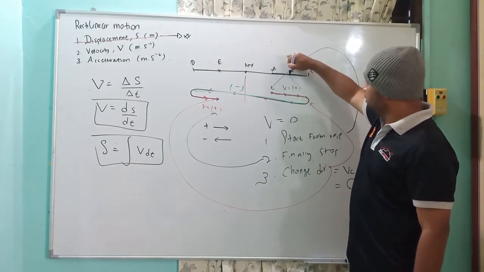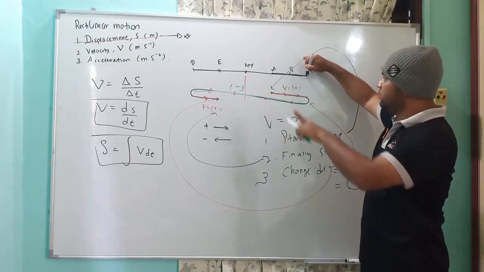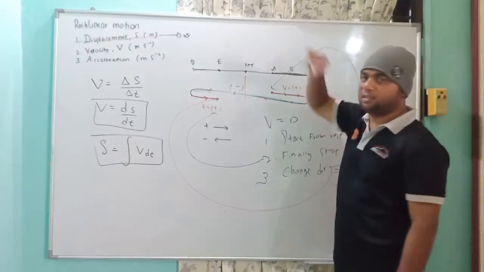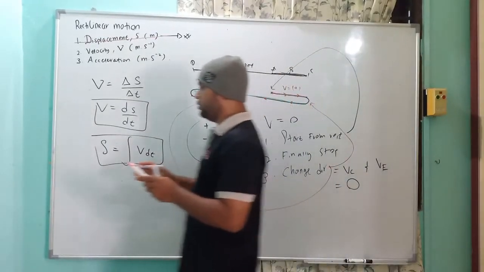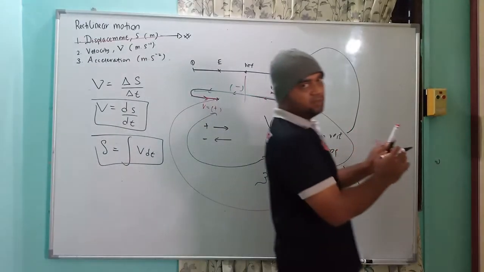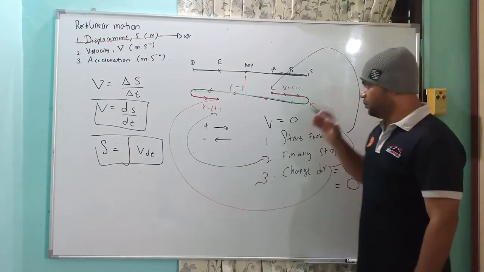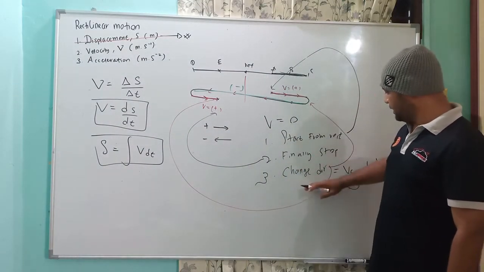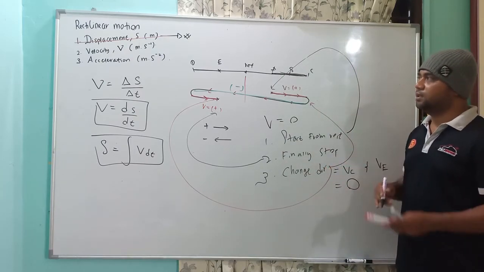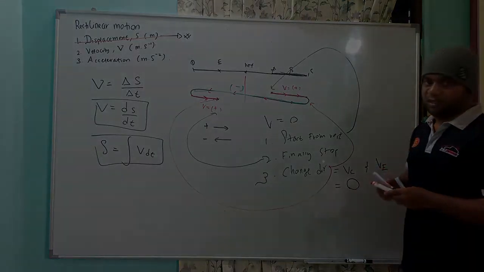To change direction to go backward, it must first stop for a split second before it can change direction. If I want to turn, I have to stop and then change direction. So at the point where the particle changes direction, the velocity must be 0. Okay, so this is for the velocity.